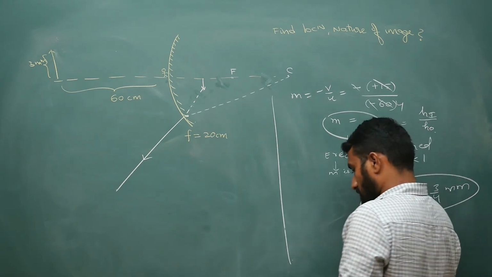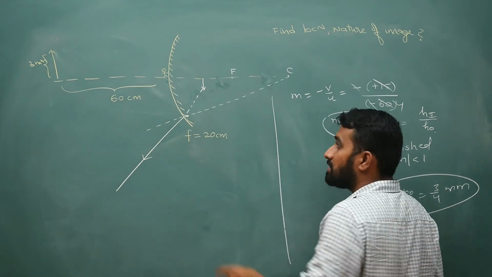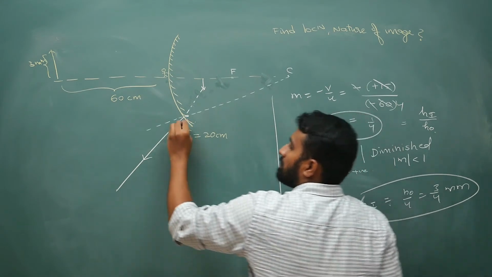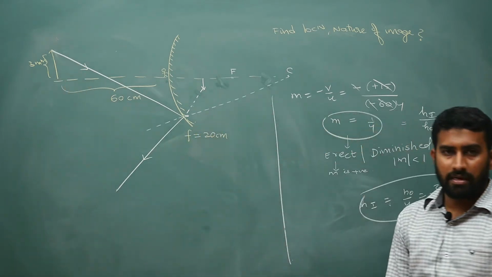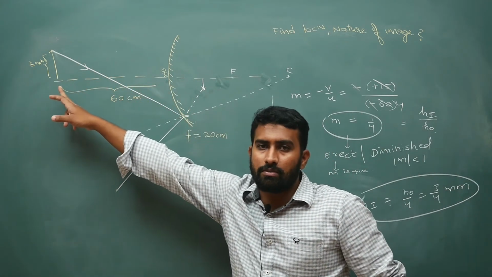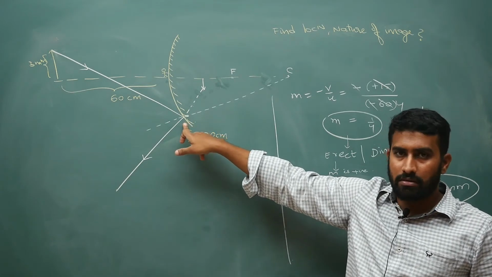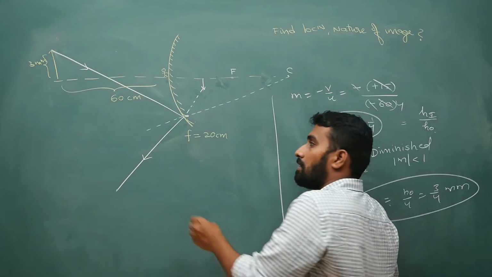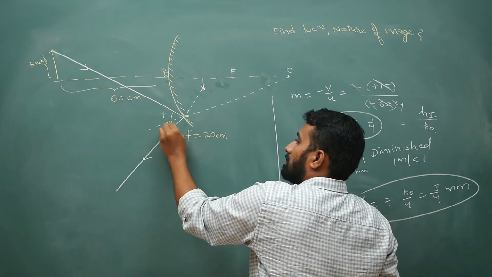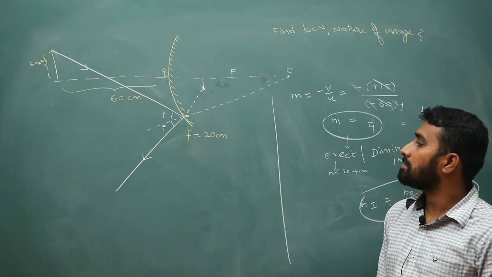So this is going to be your normal, and this is your reflected ray. These two points I will join like this. That means a ray is coming from the object, hitting this point. This is your normal. Laws of reflection must hold, so this angle of incidence will be the same as the angle of reflection. It will go like this.